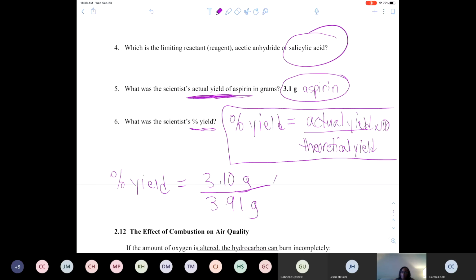So she did pretty good. If your percent yield is 90% or greater, then you had a very good experiment. So her percent yield is 79.5%. Not too bad.